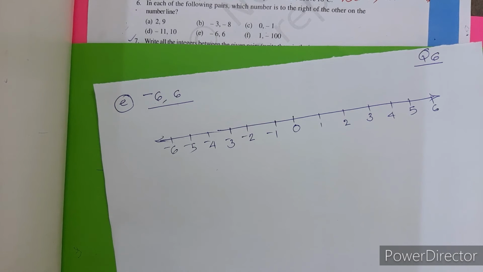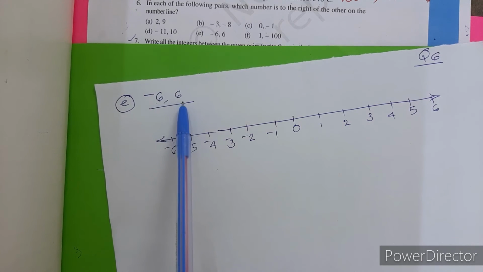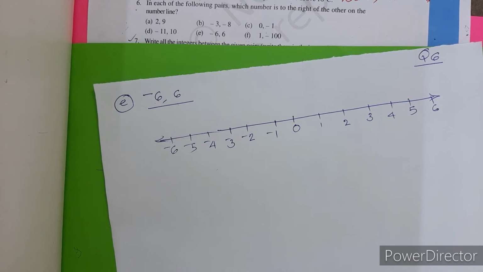So once again we can see the same thing as in the above question, right? One is a negative integer, the other one is a positive integer. So obviously which one is bigger? 6 is the bigger one, that is the positive integer.